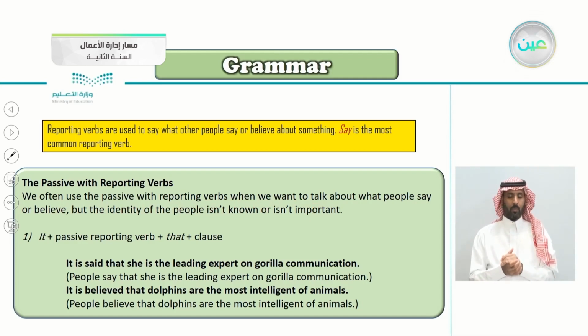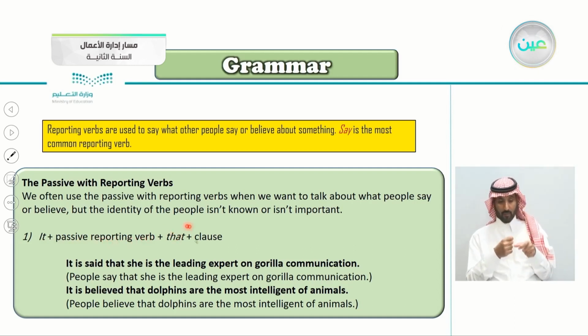So number one: it, plus passive reporting verb, plus that, plus the clause. So we have four parts here. It, then the passive reporting verb, then the word that, then we continue with the clause. For example, it is said. The passive reporting verb here is said.